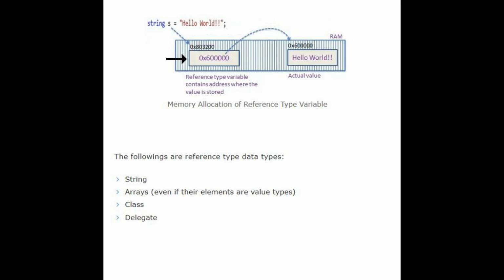So s contains an address to where the actual data is stored, and so this points to a location on the heap where the actual data hello world is stored.